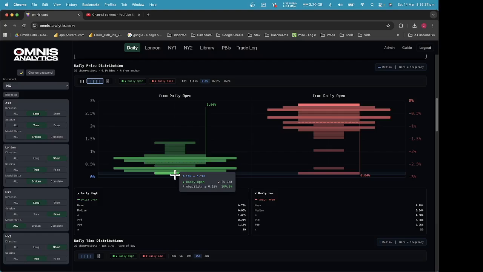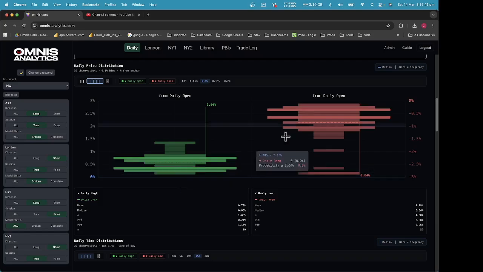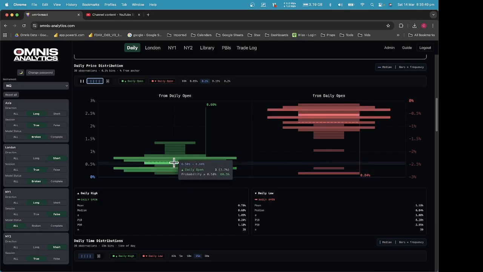So obviously between 0 and 0.10 is 100%, because that's where we're opening, and the same for the lower day. As we come across, we can see that probability decreasing. I'm referring to the green probability in the bottom right hand corner of the pop-up that appears, and the same here for the low, except it's red.